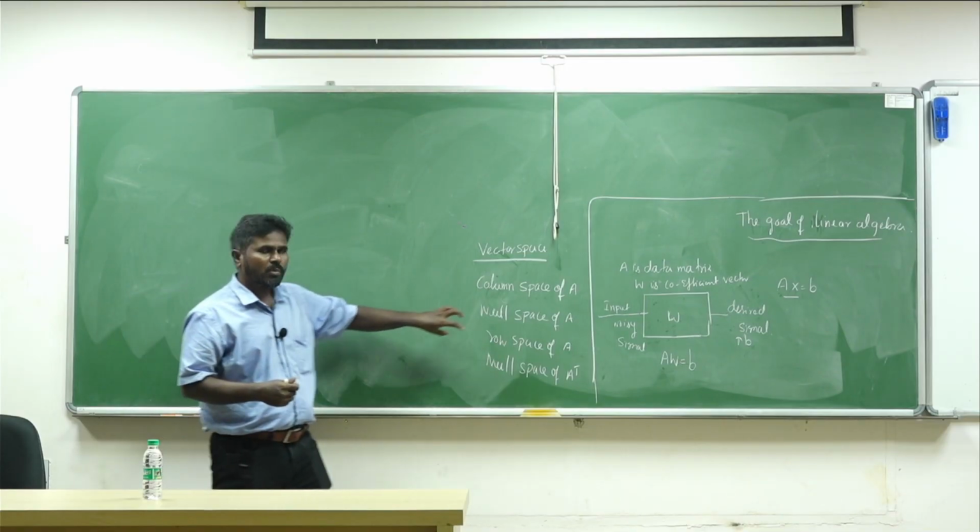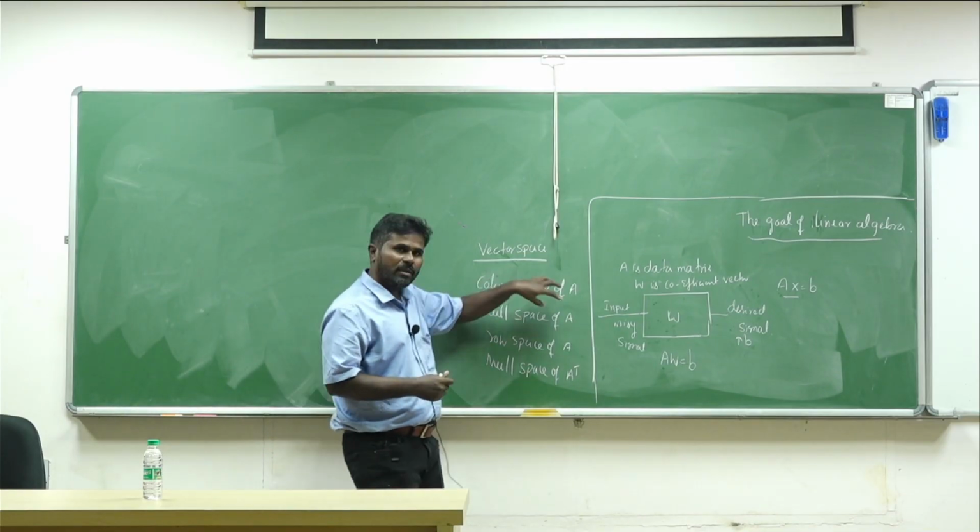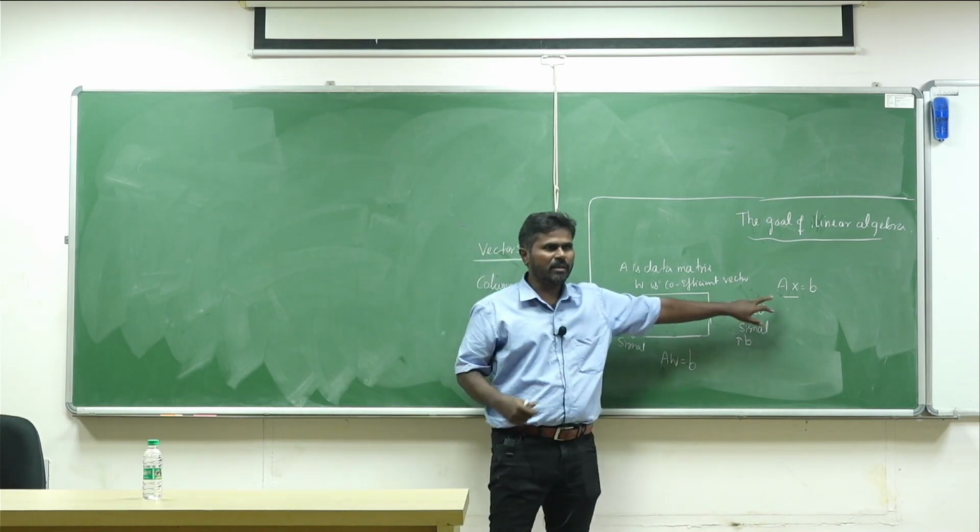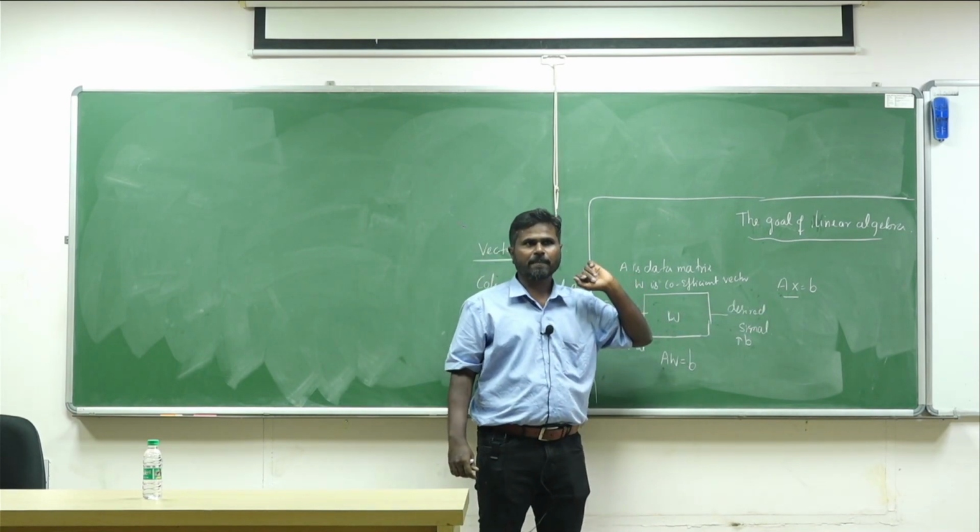One is the column space of A, the other is the null space of A, the row space of A, and the null space of A transpose. What is the connection between these spaces and the system of equations?